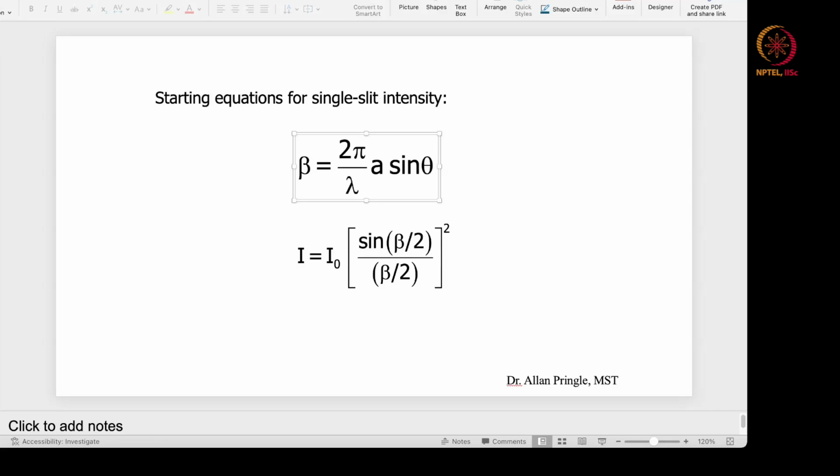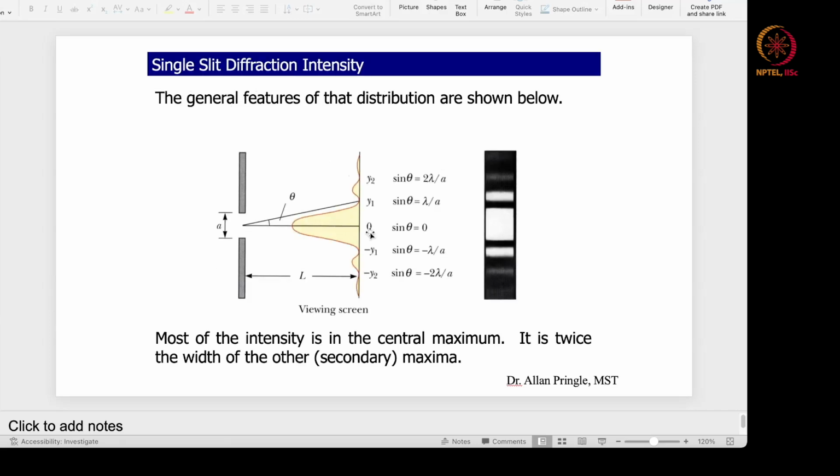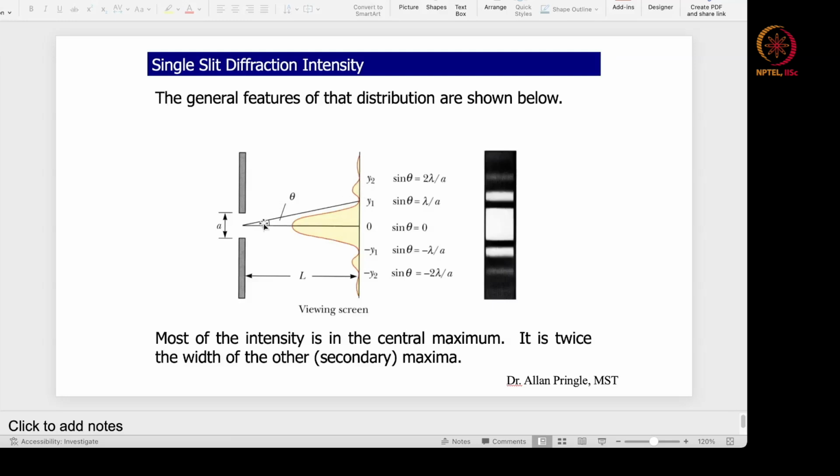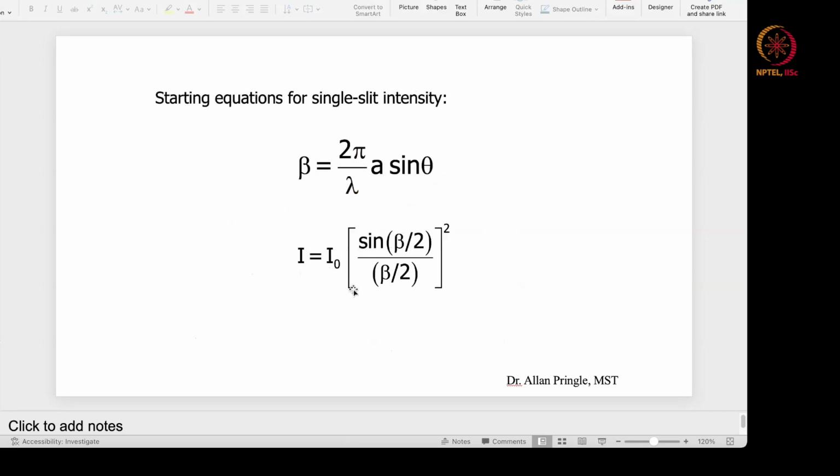So the maximum intensity happens at the center location, and the intensity drops progressively at higher and higher values of theta. This angle, for example, will have a different intensity compared to this angle, and those intensity profiles are given like this. As you go on increasing the angle, this intensity compared to the central intensity will go on decreasing.